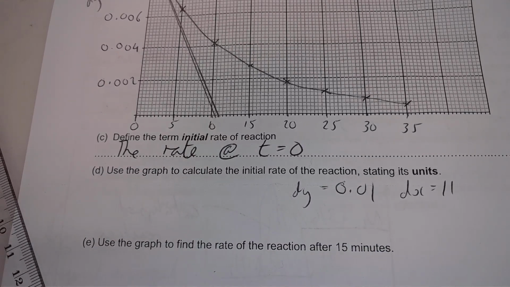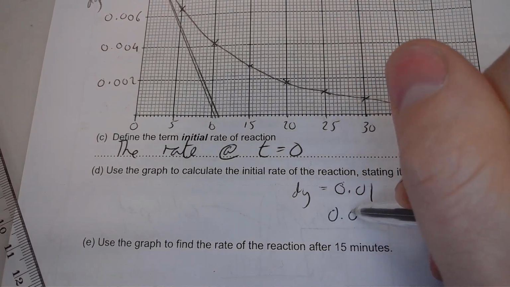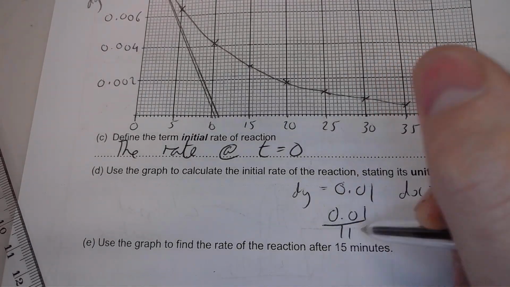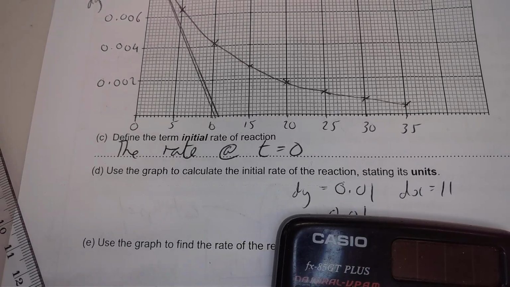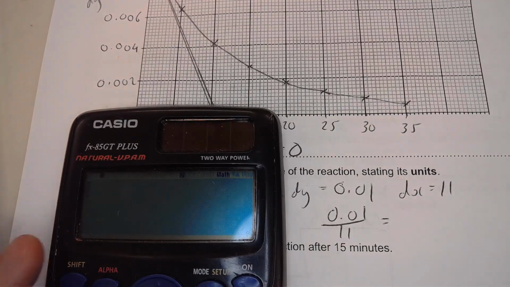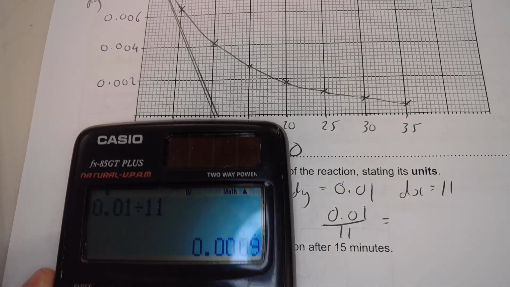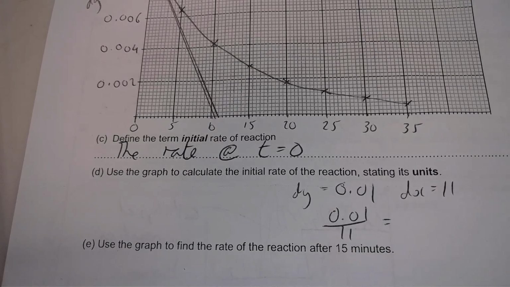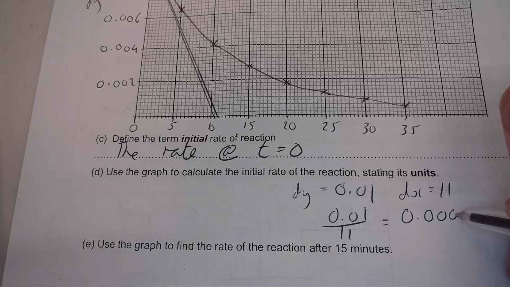If I do that gradient then, it's always dy divided by dx. So 0.01 over 11, which is going to give you, calculator out, 0.01 divided by 11. Okay, we'll make that 0.0009.